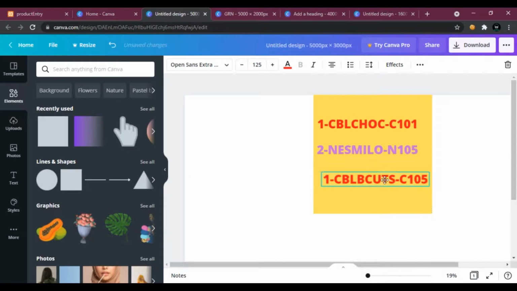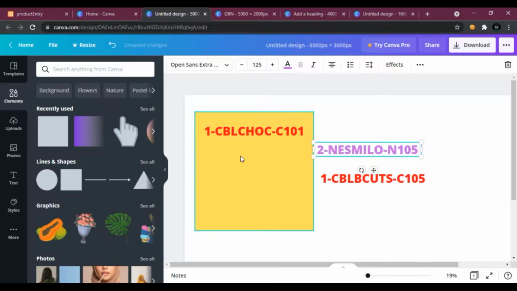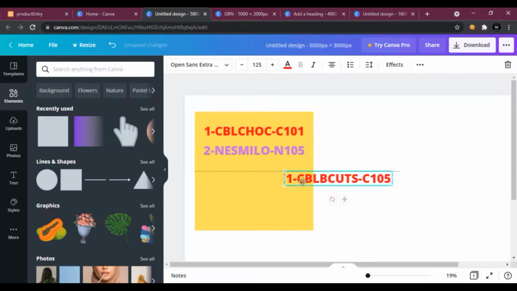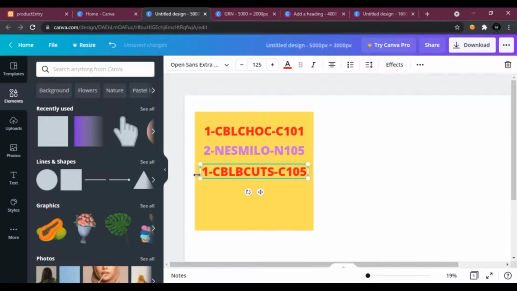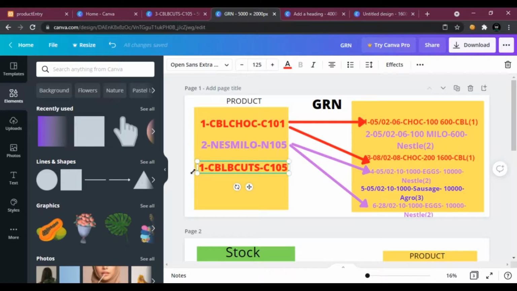So this is the product table. This is a product ID. For CBL biscuits the product ID is 3. In the previous video, I didn't change the product ID, so you have to change the product ID to 3.